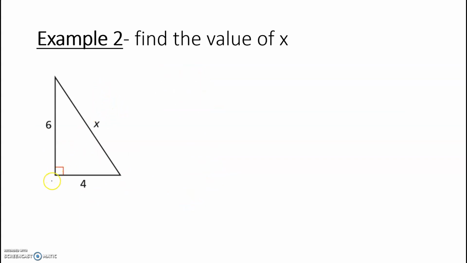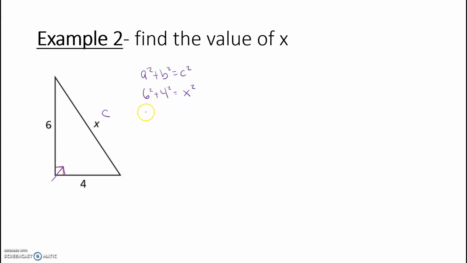Again, my first step is I always identify my hypotenuse, travel across, that's my C. A and B are whichever one you want to call which. So let's set it up. A squared plus b squared equals c squared. So we have 6 squared plus 4 squared, or you could have said 4 squared plus 6 squared, equals x squared.